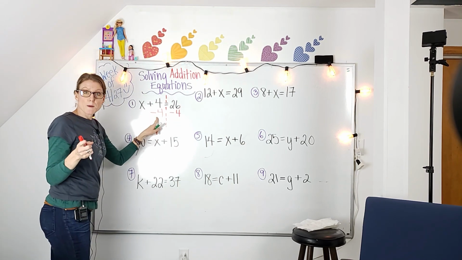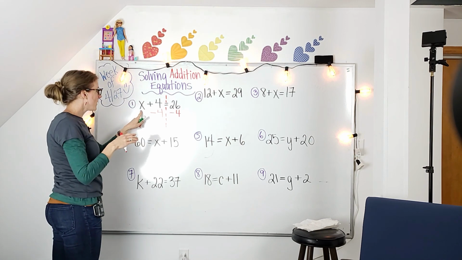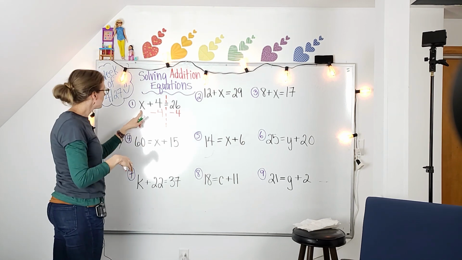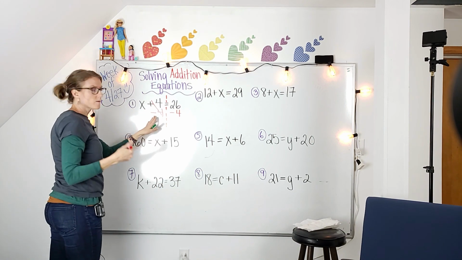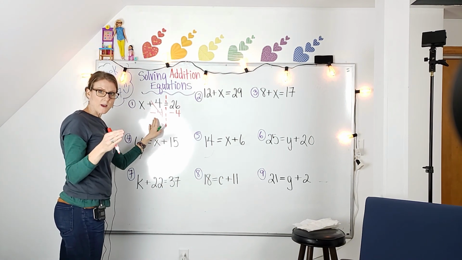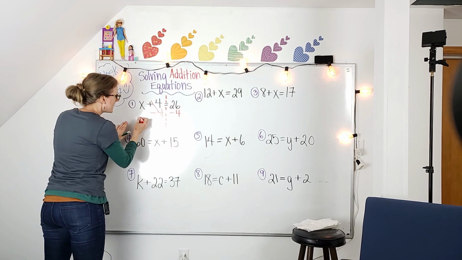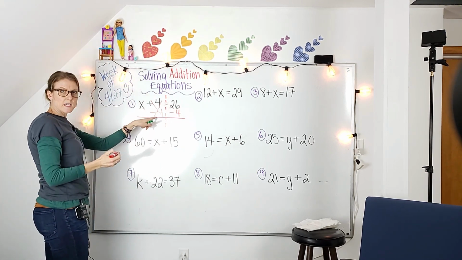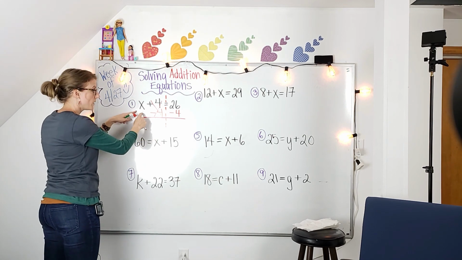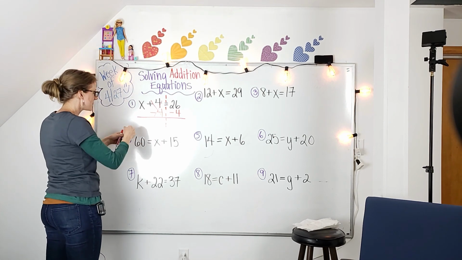Now what you'll notice happens here, remember I said we want to get the variable alone. So if you notice, 4 minus 4 is 0, so it cancels out. We're going to draw a nice long line, so you don't have to even worry about that anymore. You have done a great job with isolating the x. It's all set to go.